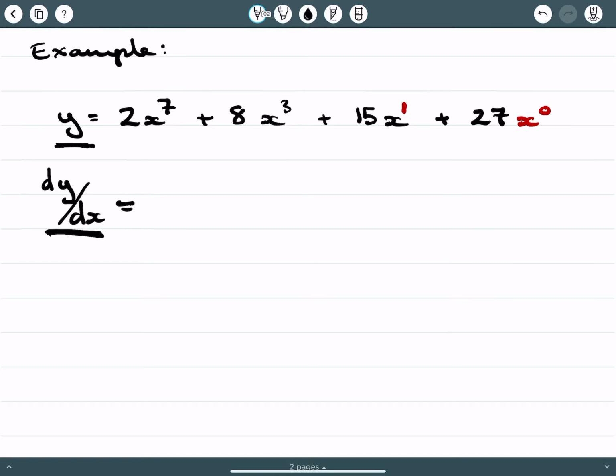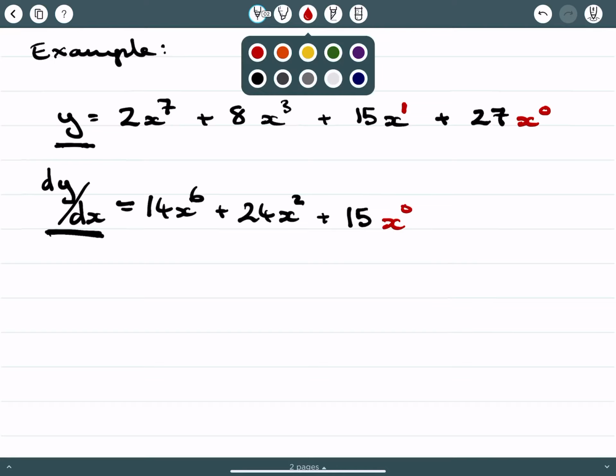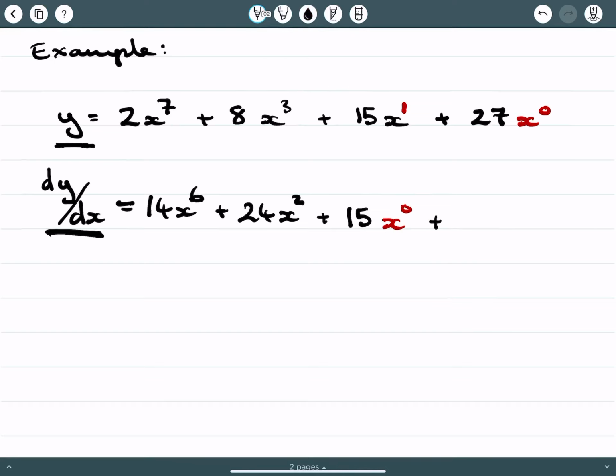What we would do here is have 14x to the 6, I'm just doing the computations quickly, 3 times 8, 24, x squared, plus 15 times 1. That's 15, and this would be written as x to the 0 because we reduced the power. Plus, this is 0 times 27, and we could reduce the power. We don't need to, but it could be written like so.